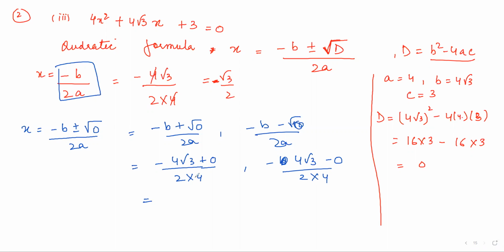So the 4, 4 cancel out. One root is minus root 3 by 2 and the other root is also minus root 3 by 2. So basically two roots are there. If you simply write like this, you can make a mistake. You will write only one value. Clear? Okay. So basically two values are there. Both are the same in this case. If the determinant is 0, both values are the same.